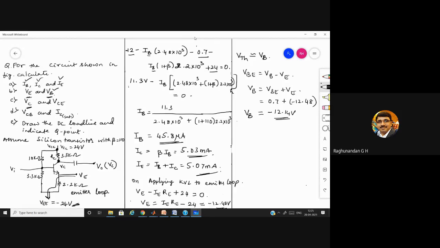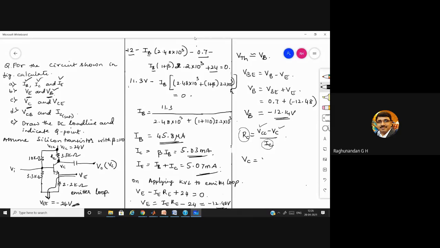If RC was not known, what will be your formula? VCC minus VC by IC, right? If RC was not known, we take the potential difference between these two ends divided by the current through it. Now, since you know RC, VC and VCC, rearrange this and get the VC value.